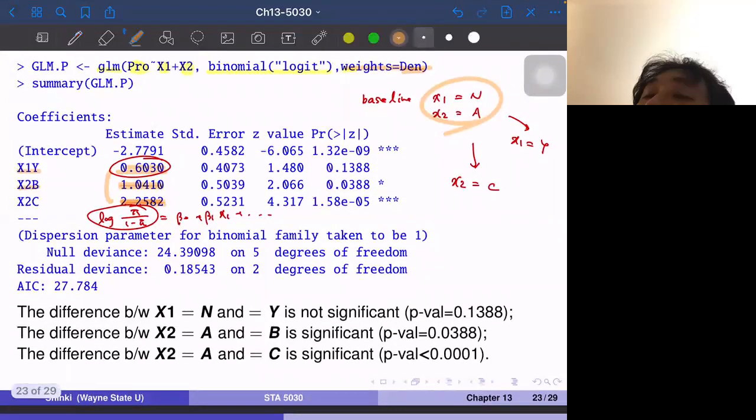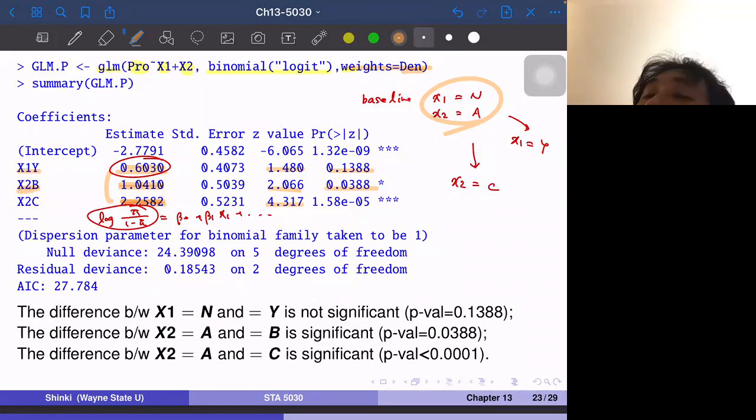So x1 equal to y is actually not significantly higher. x1 equal to y does not give a significantly higher success probability than x1 equal to n. And if the x2 value becomes b from a, then actually it's significantly higher success probability.